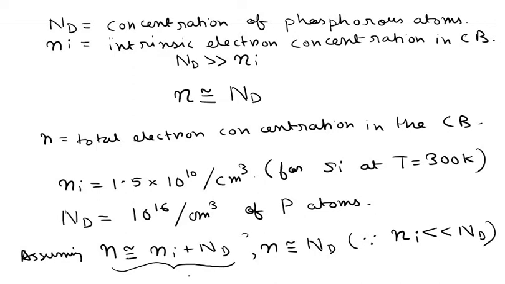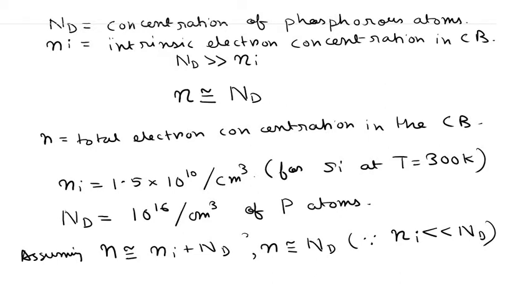This is just for your understanding that when the concentration of dopant atoms is much greater than the intrinsic carrier concentration of the semiconductor, then the total concentration of electrons in the conduction band is approximately equal to the dopant concentration.